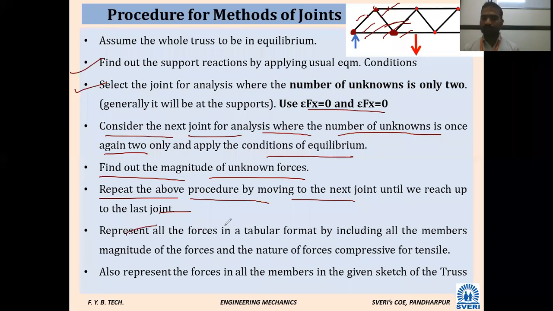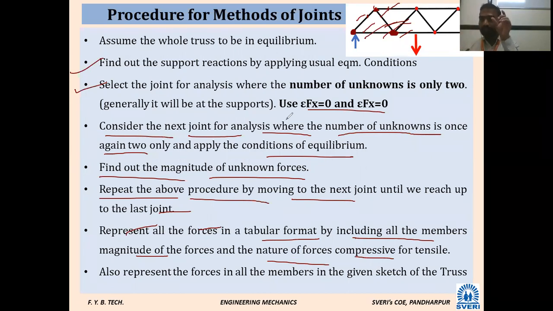Represent all the forces in a tabular format by including all the members, the magnitude of the force and the nature of the force, either compressive or tensile. Then also represent the forces in all the members in the given sketch of the truss. First you have to draw the tabular column.